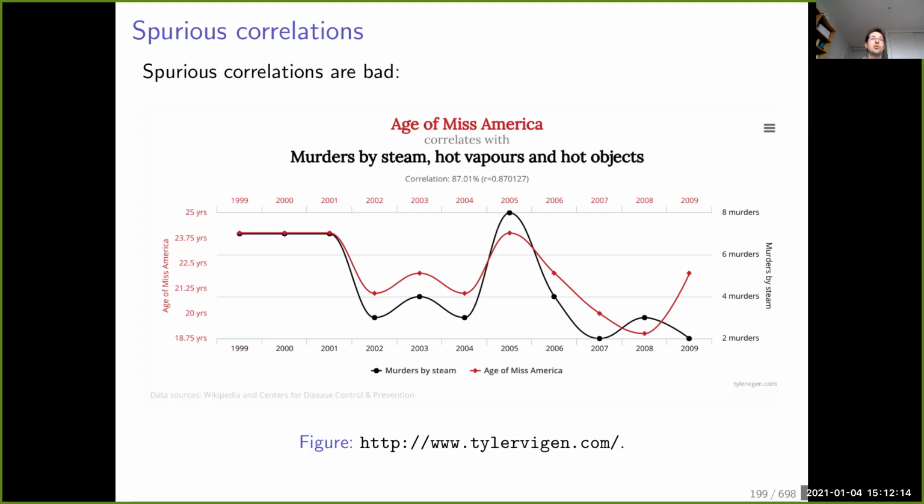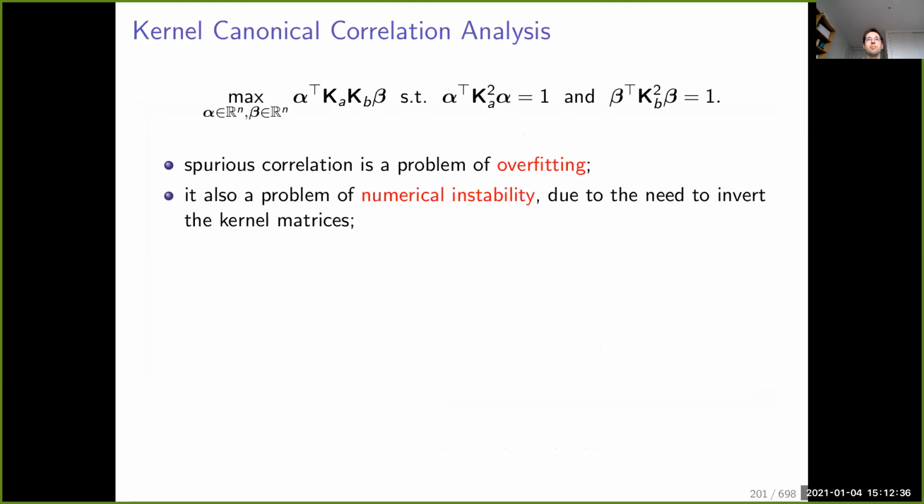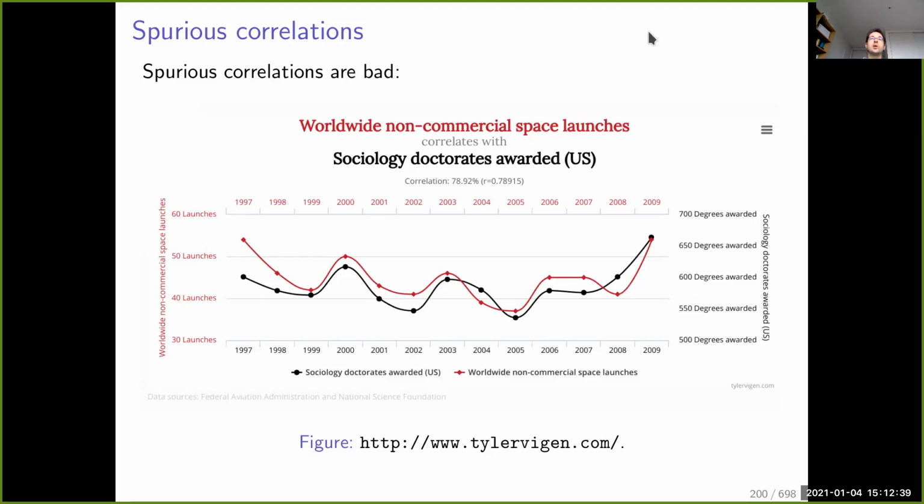There is a website that looks at lots of data and finds correlations. For example, you can find that the murders by steam, hot vapors, and hot objects is very correlated with the age of Miss America. It simply comes from the fact that you have lots of different data and you find stupid correlations in there. This is also a nice one. The worldwide non-commercial space launches is heavily correlated with sociology doctorates awarded in the US. So it's really a stupid correlation, but it exists.